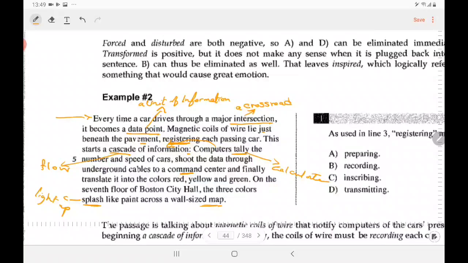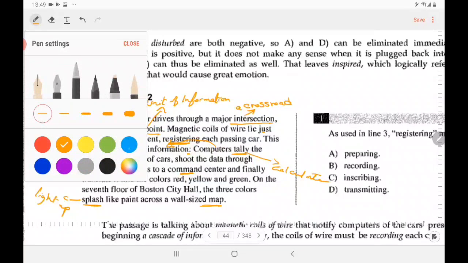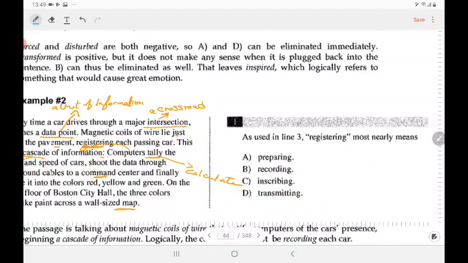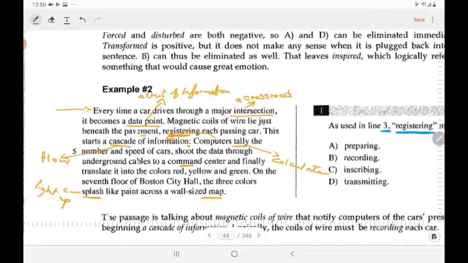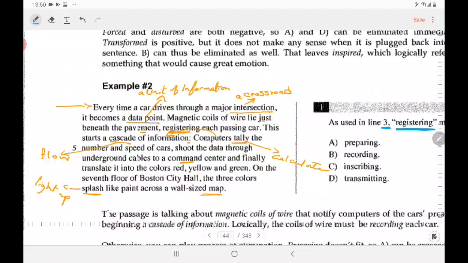Okay, let's go and try to answer this question together. As used in line 3, registering most nearly means registering. Okay, in line 3. Every time a car drives through a major intersection, it becomes a data point. Magnetic coils of wire lie just beneath the pavement, registering.